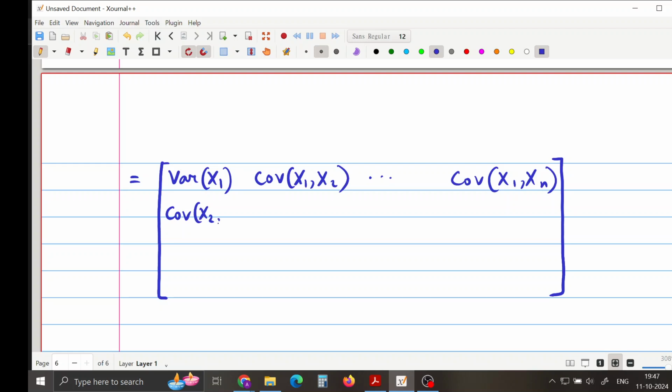And 2 comma 2 is the diagonal entry, so again the variance of x2.